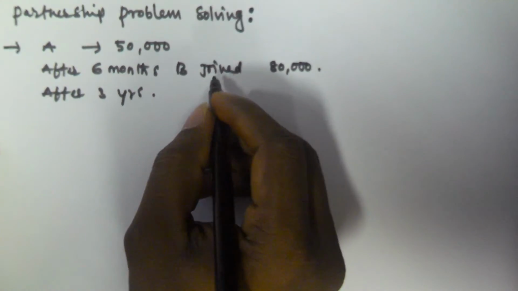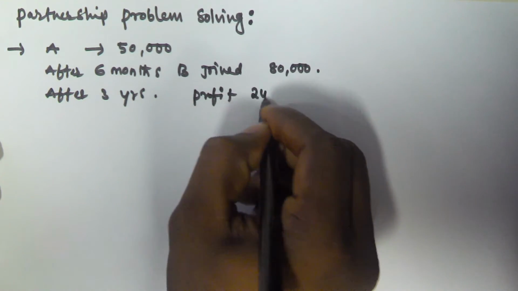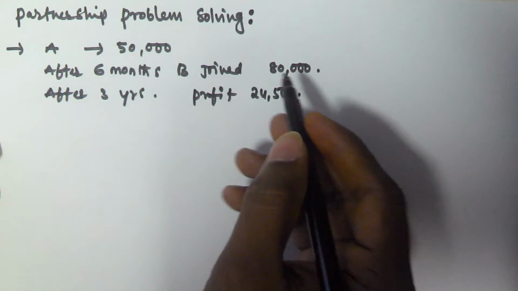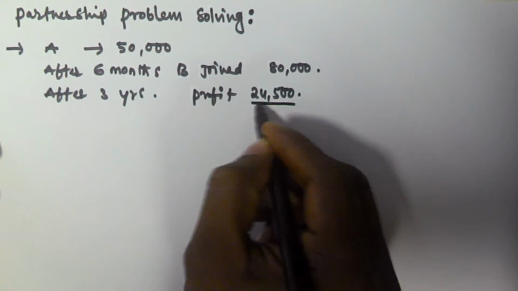After 3 years, they earned a profit of 24,500. Now find the profit share of A and B.